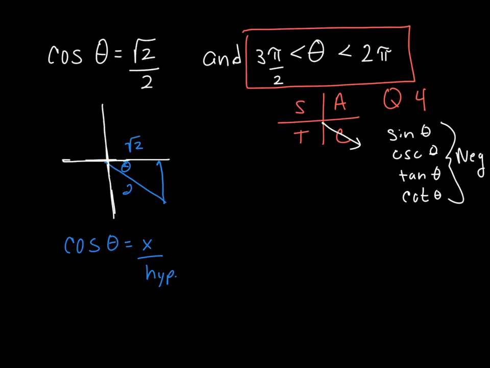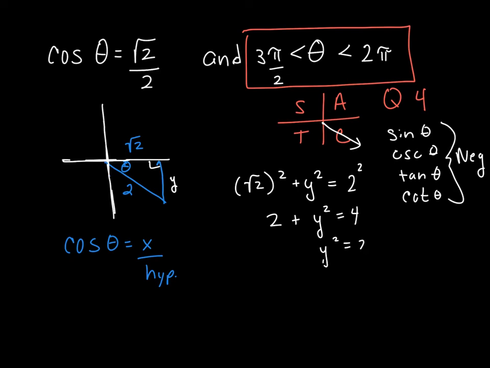My hypotenuse here is 2. What we actually have to find is y. We're going to use the Pythagorean Theorem. So I have the square root of 2 squared plus y squared is equal to 2 squared, or 2 plus y squared is equal to 4. y squared is equal to 2. So y is also equal to the square root of 2.